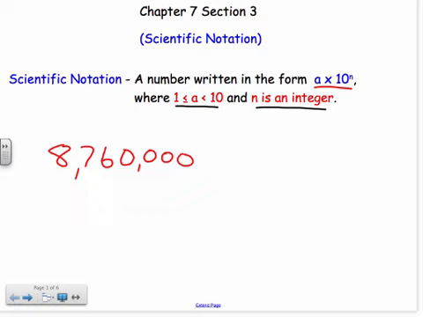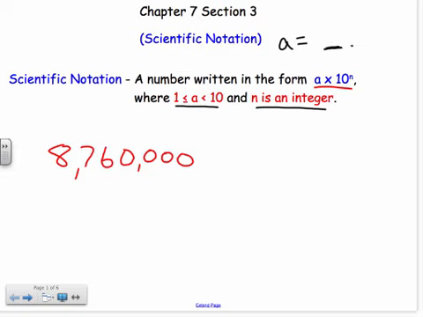If we take a look, it says a times 10 to the nth power. That a has to be between 1 and 10, basically. So what it's saying is, I'm going to put a decimal in this number, and wherever I put this decimal, there can only be one digit to the left of that decimal, right?